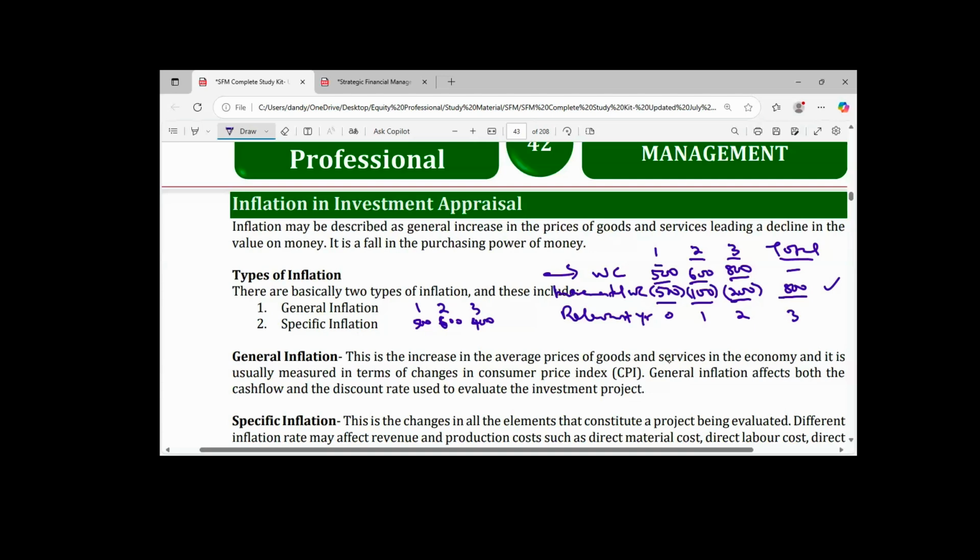Now, when working capital is increasing and it starts falling, it means that the company has recovered part of the working capital. Like in this case, working capital has increased from 500 to 600. The highest working capital is 600. So in year 3, the working capital has dropped to 400. It means that the company has recovered 200.